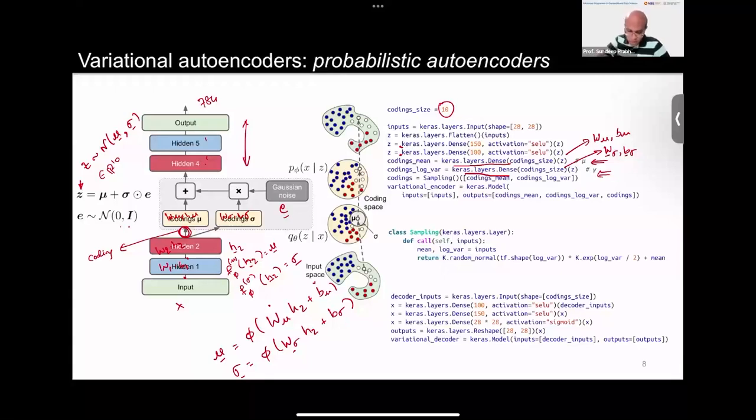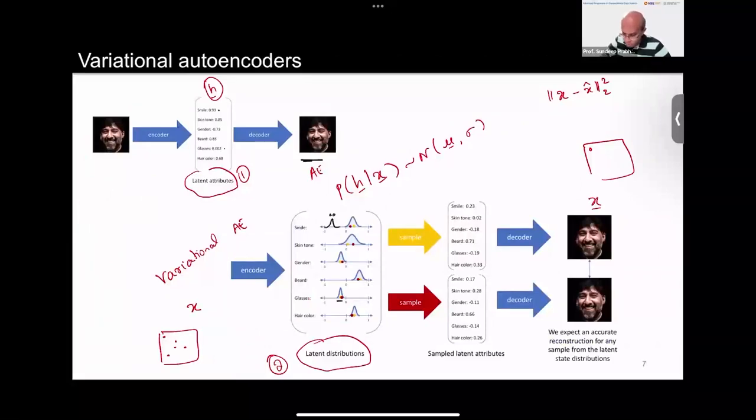What that basically means is every random draw that I make from this distribution, I'm going to get a new sample. If I drive my generator, which is this particular box, with that sample, I'm going to generate a new output. So what you're basically learning is this distribution.